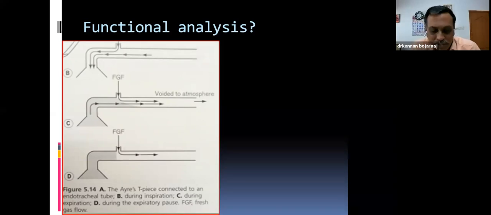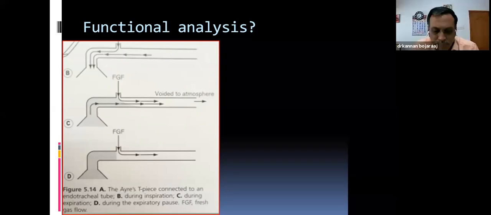So what happens here in case of spontaneous ventilation? In the next act of inspiration, what happens? Minimal amount of expired gases. And why do they have to take the next act of inspiration? They are drawing.